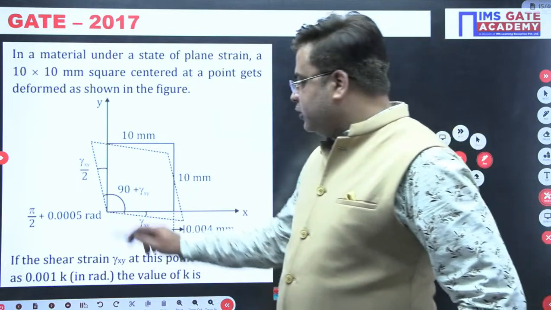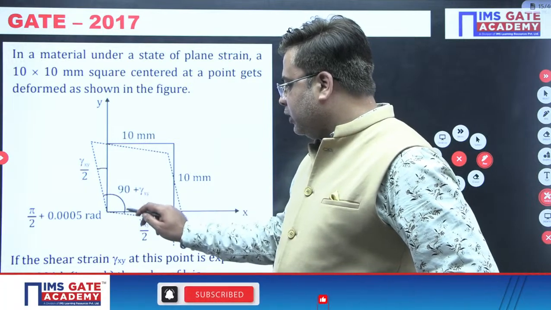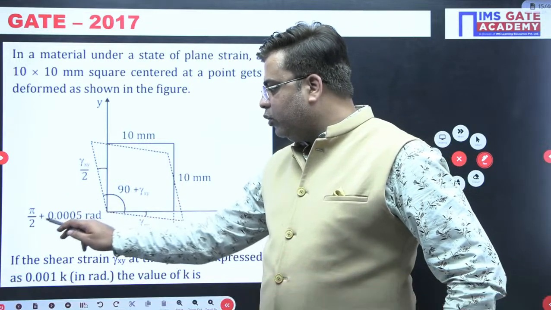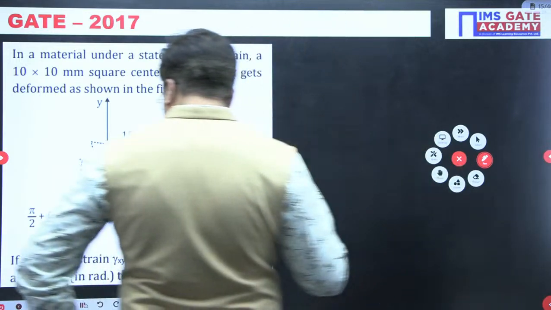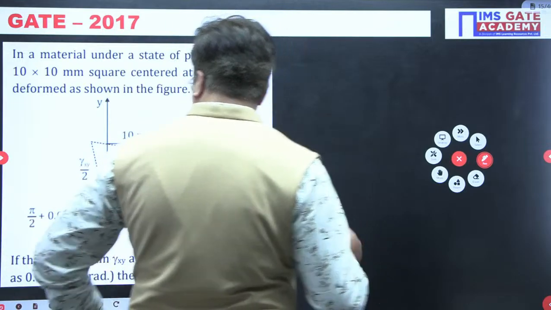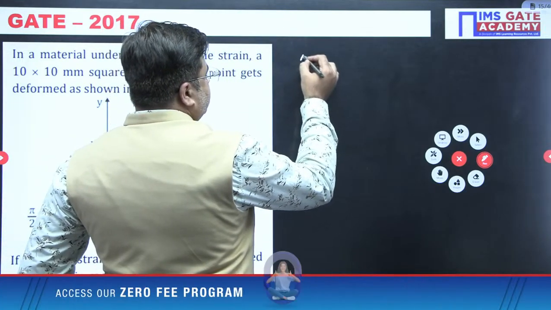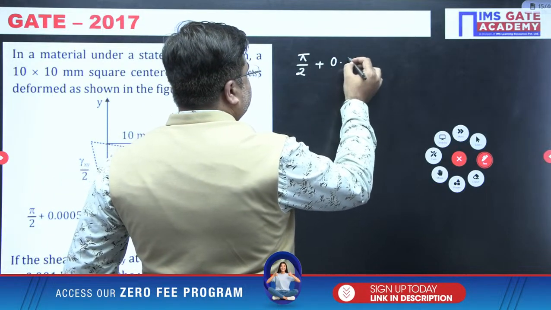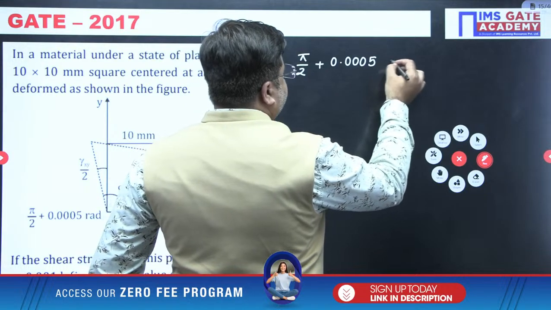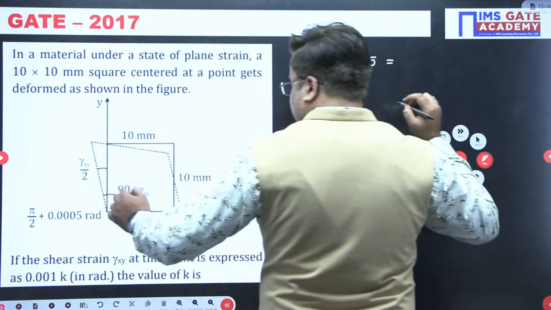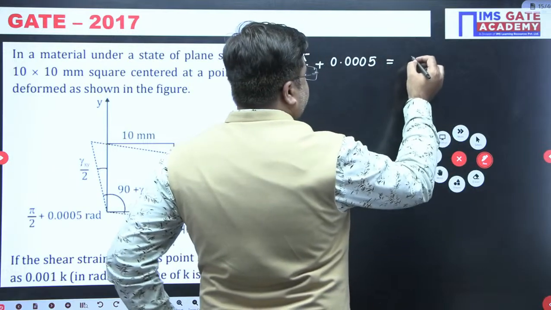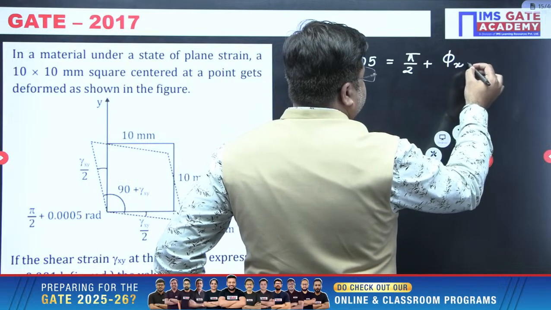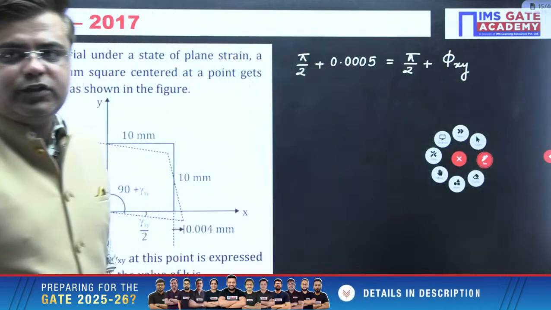First of all, this total angle here is either 90 plus phi xy, or it is also equal to pi by 2 plus this value. You can use any of the values. If you are going with radians, I will go with this. So pi by 2 plus 0.0005 is equal to this total angle, which is pi by 2 plus phi xy. This is the shear strain phi xy, and its value is given to you.